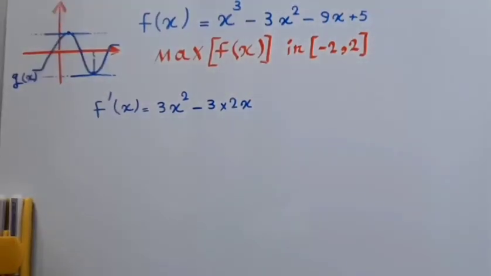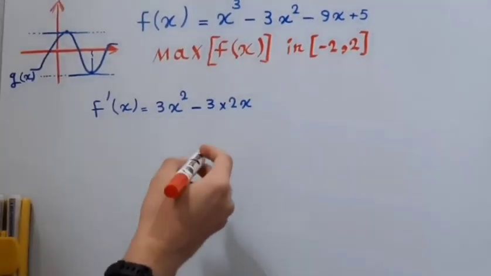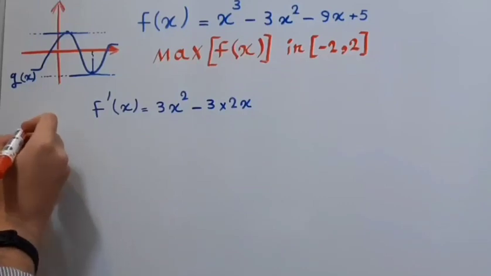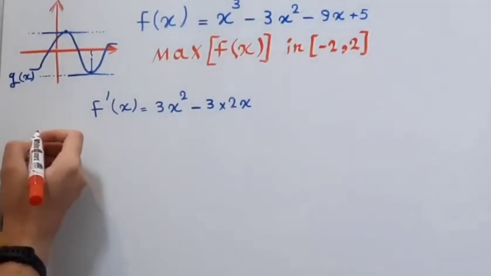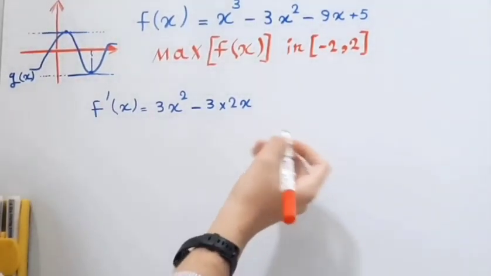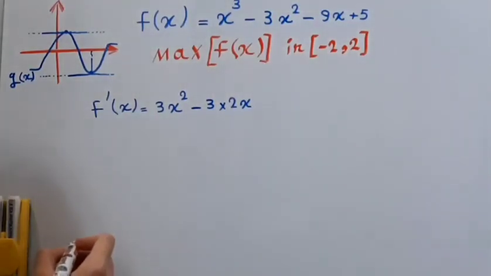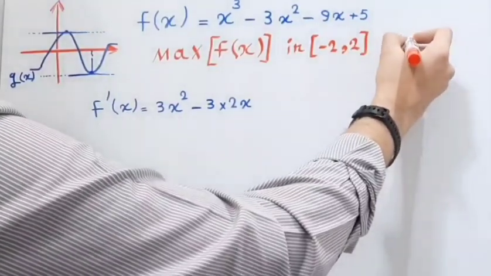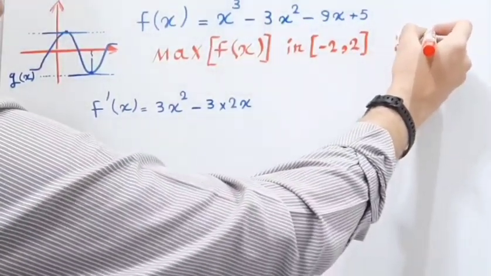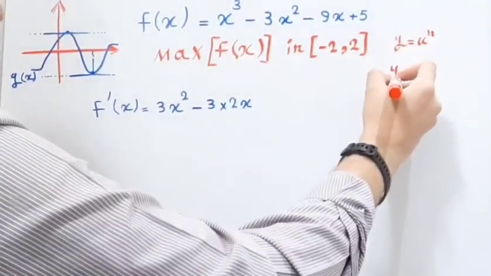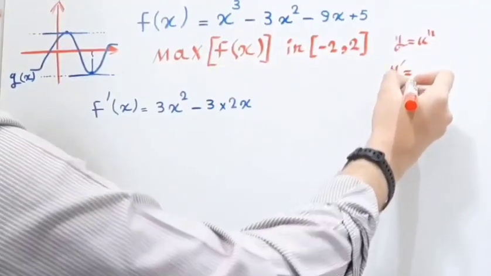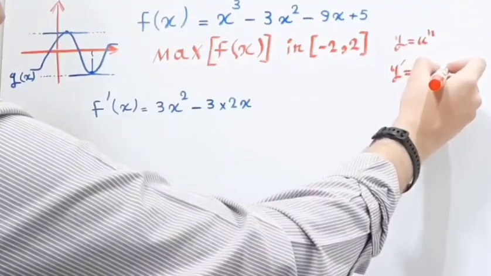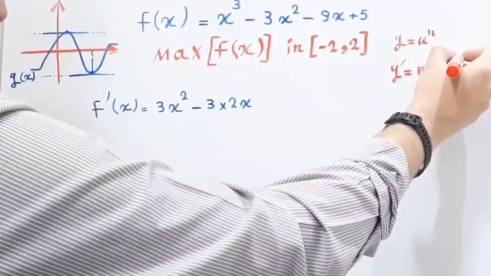I write the formula of what I'm going to do. For example, y is u to the power n. The derivative of this expression is going to be n multiplied by u to the power n minus 1.